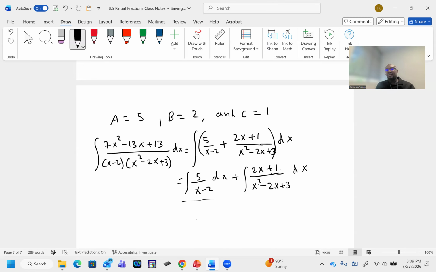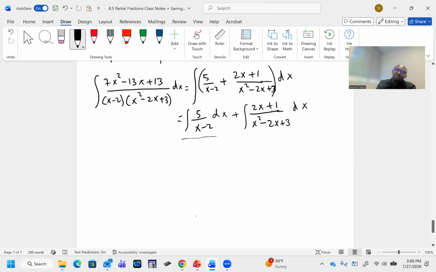Okay, so to integrate just this part, 2x plus 1 divided by x squared minus 2x plus 3, I will use substitution. Let u be equal to x squared minus 2x plus 3. Then du will be what? 2x minus 2 dx.